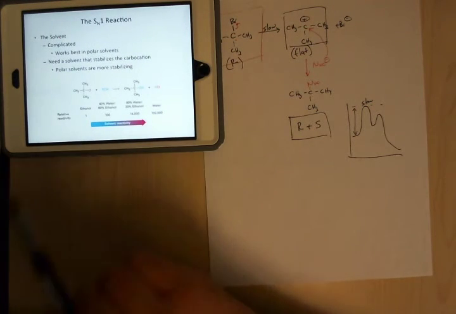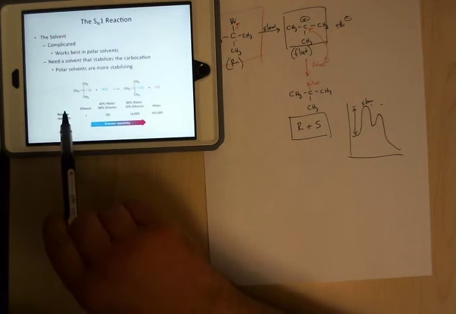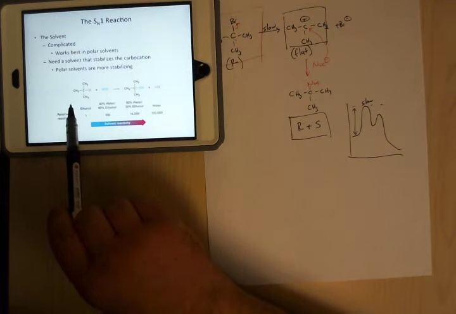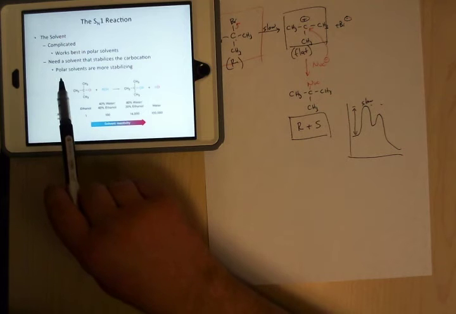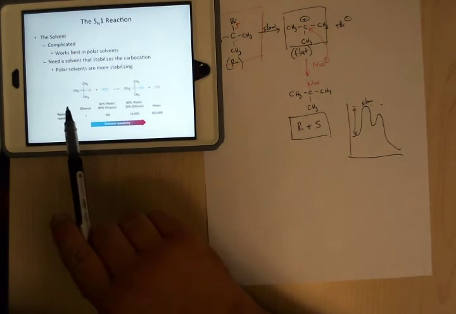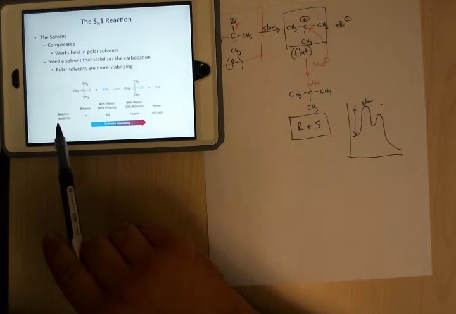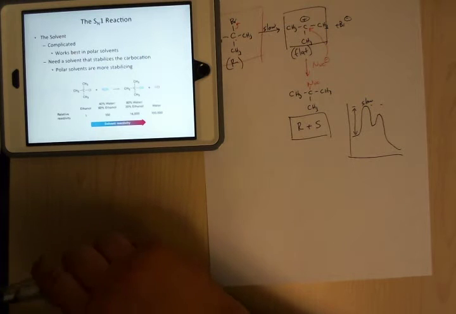For the solvent, it's really, really complicated. It typically works if you use a polar solvent, but it gets to be complicated. There are a lot of different issues, because you need it to stabilize the carbocation, but you also need it to not shell it. For a lot of these things, there's a lot of solvent screening that you need to do.